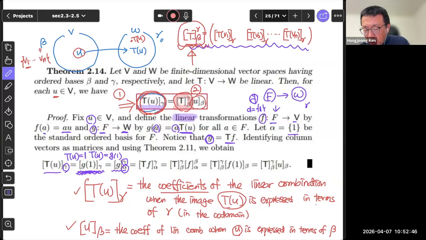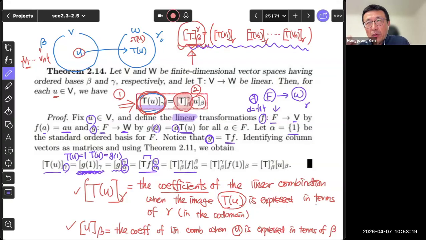Now, since G is the composite of T and F, we have this. And previously, when you have this composite mapping with these bases, that could be split like this, right? And I want to apply a similar trick here.